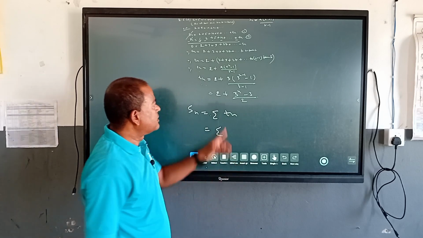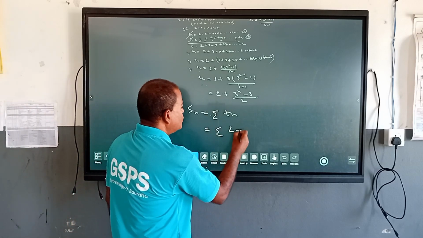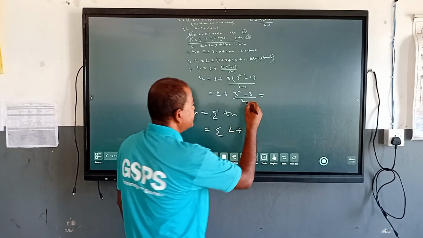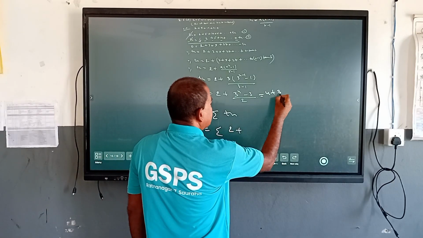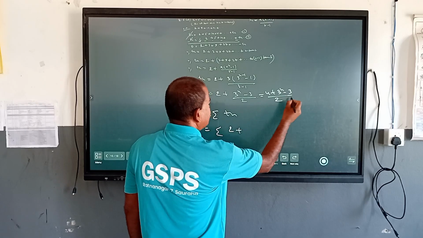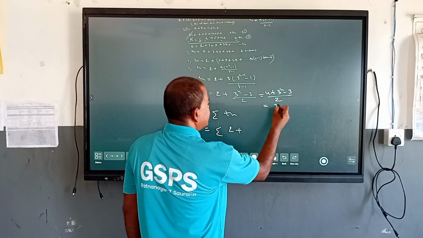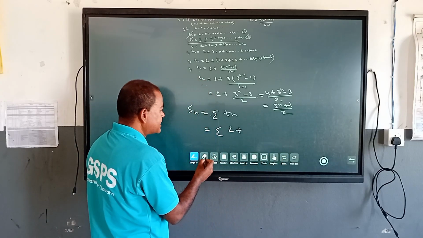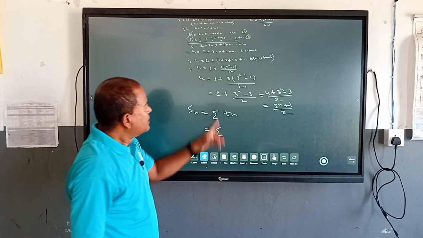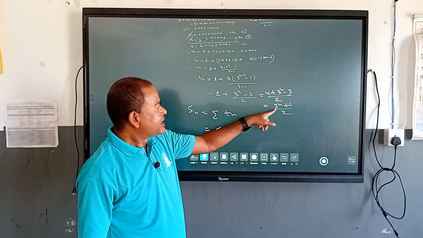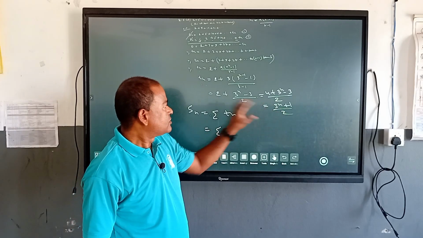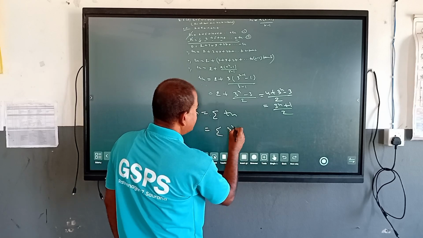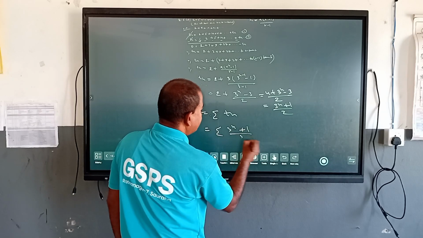So let's substitute the value: 2 plus 3 power n minus 3 divided by 2, which is equal to 3 power n, 4 minus 3 means 1, divided by 2. So the general term of the given series is 3 power n plus 1 divided by 2 after simplification.